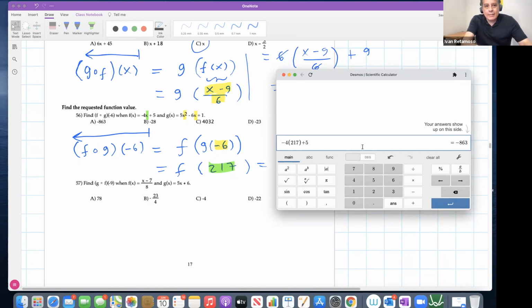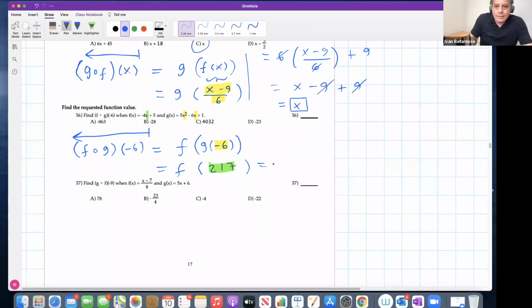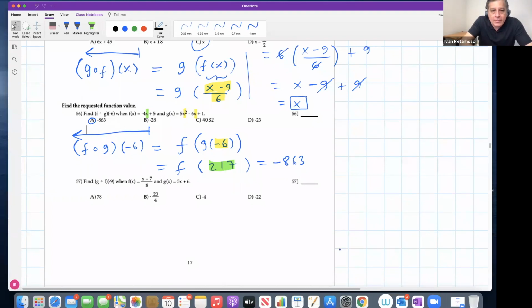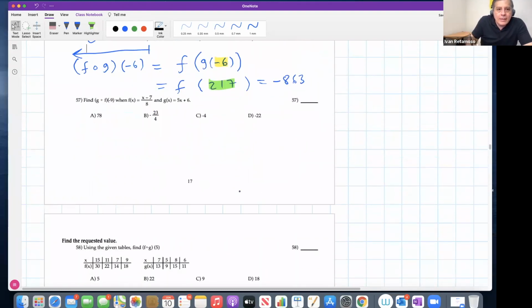Negative 863, right? So the answer, therefore, should be negative 863. As you can see, the numbers are big, guys, so you must use perhaps the calculator. Otherwise, it would probably be difficult to do this computation. All right, next, this one I leave for you to do, okay? So similar.